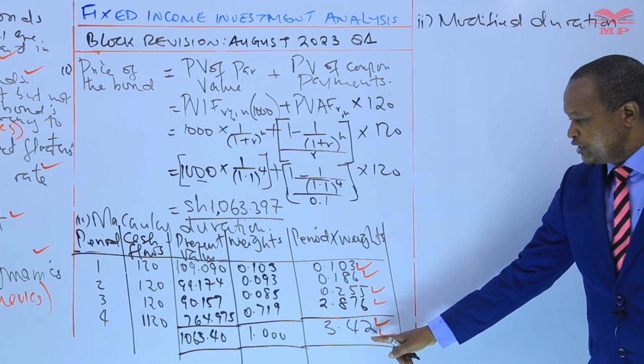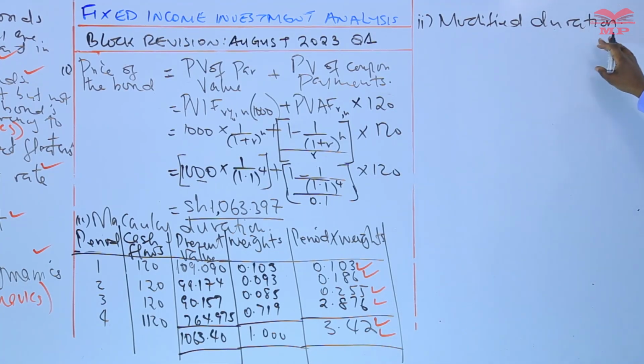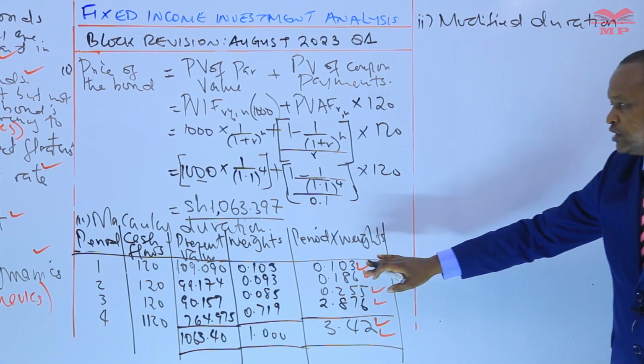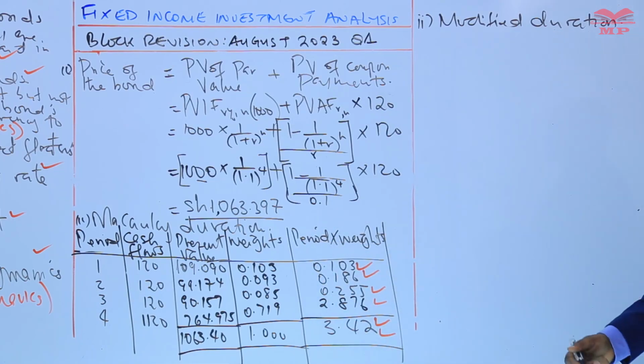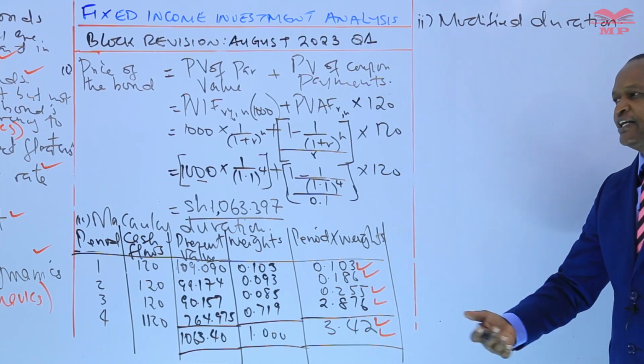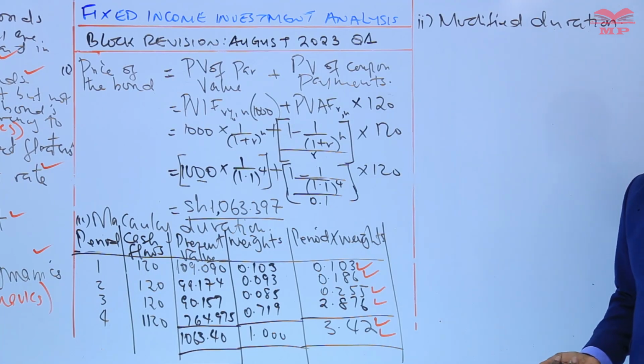It is this Macaulay duration that is being modified here, what we are calling modified duration. It addresses some of the limitations of the Macaulay duration by incorporating the bond's current yield to maturity.